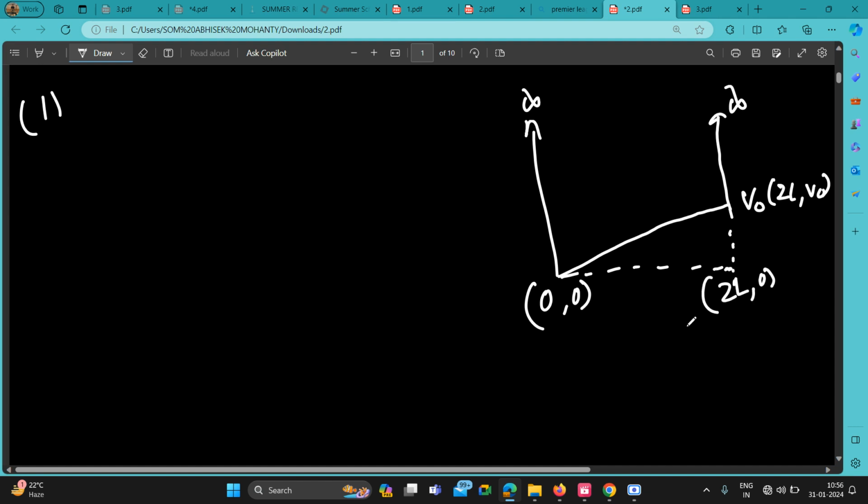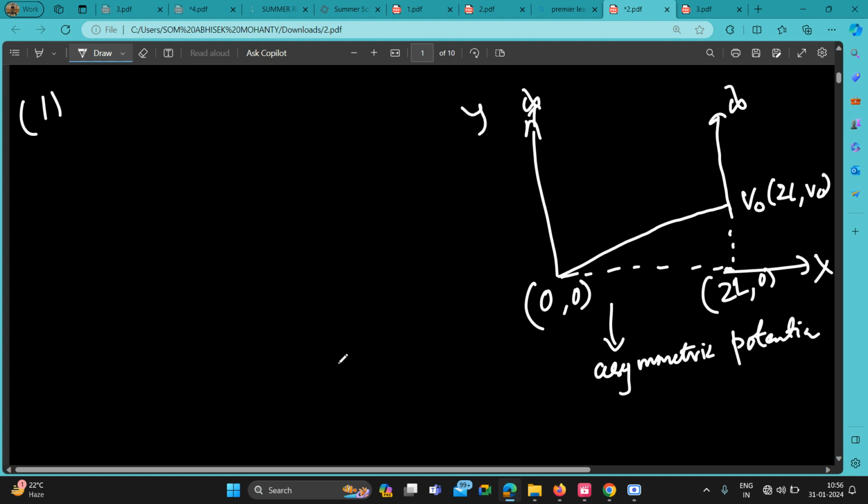So this is an asymmetric potential along the x-axis, and this is the y-axis. You are asked the first order perturbation. So how to do this?